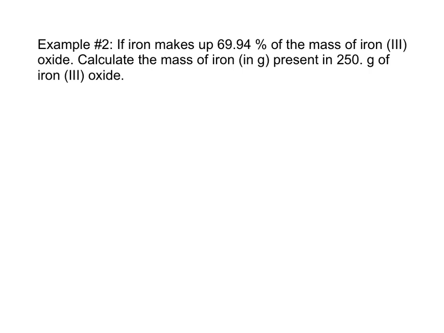Now the next example, if iron makes up 69.94% of the mass of iron 3 oxide, calculate the mass of iron present in 250 grams of iron 3 oxide. So this one's a little bit different. In the given problem, we've got percent, and this other number we're given, 250 grams, that would be our whole.